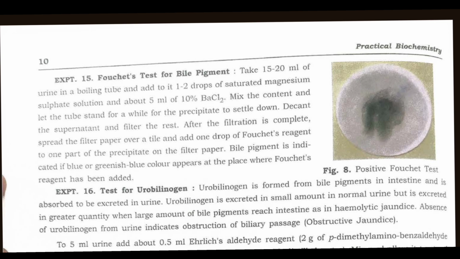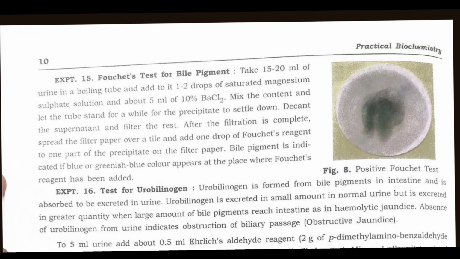Experiment number 16, tests for urobilinogen. Urobilinogen is formed from bile pigments in the intestine and is absorbed to be excreted in urine.